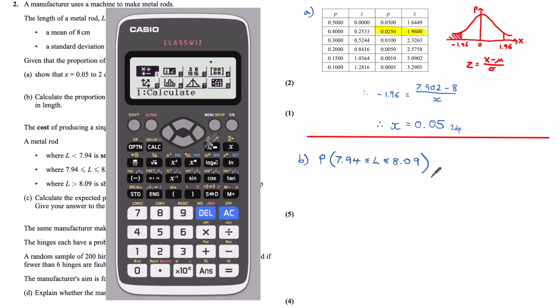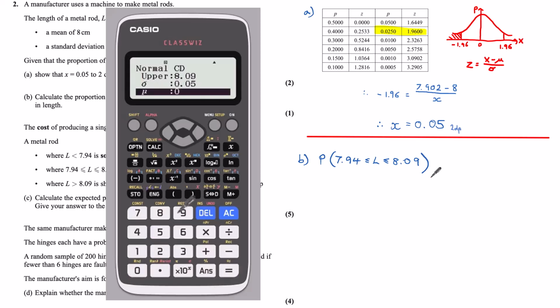So if we go to Menu, Statistics, I want a normal cumulative distribution, so number 2. I know my lower bound is 7.94. My upper bound is 8.09. My standard deviation I've already shown now to be 0.05.